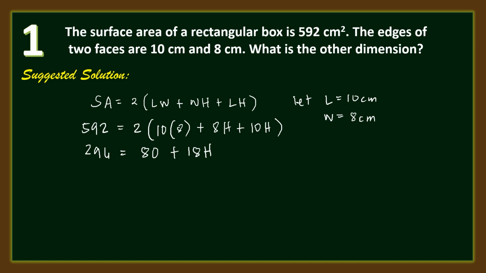Subtract both sides by 80, we have 216 is equal to 18 times the height. Now let us divide both sides of this resulting equation by 18. We will get the third dimension h as equal to 12. Hence, the other dimension is 12 centimeters.